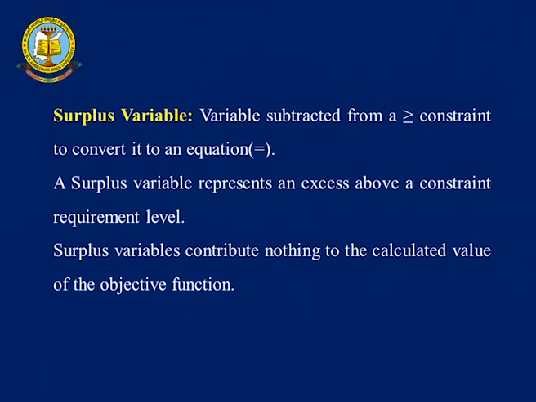For converting this inequation into an equation, I am subtracting a certain quantity from the left hand side only: x_n minus s_1 equal to b_n. Here we are subtracting s_1. This s_1 is called the surplus variable. A surplus variable represents an excess above the constraint's requirement level, and a surplus variable contributes nothing to the calculated value of the objective function.